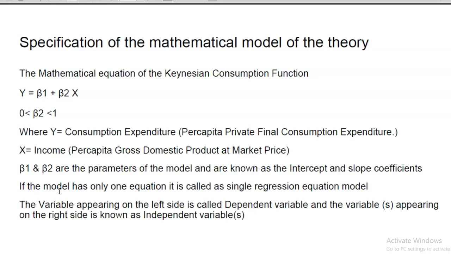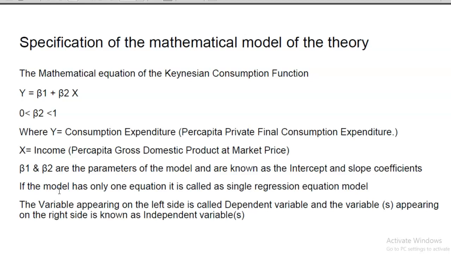These two data have been collected to test whether this relationship exists empirically. Beta 1 and beta 2 are the parameters; beta 1 is the intercept coefficient and beta 2 is the slope coefficient.